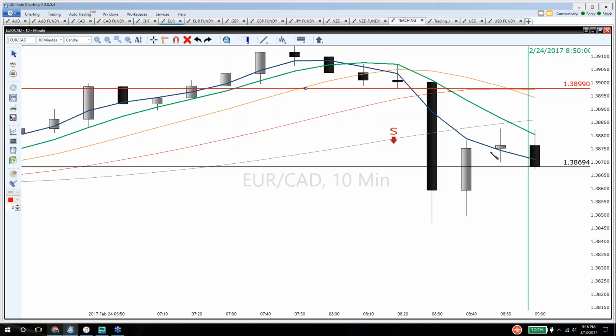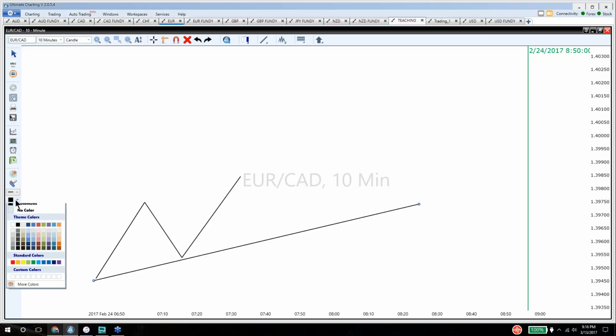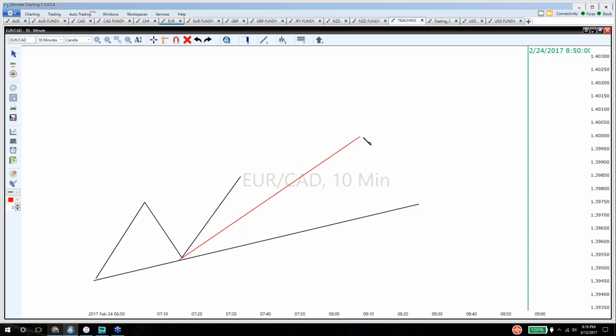No. If the market is trending, as long as the market is above, in a normal trending situation where you've got your outer and inner trend lines, I would say as long as the market remains above these lines, I, as a trader, don't really have anything to worry about because I would expect that the market is going to continue to bounce off of these lines and continue to move in the direction of my trend.